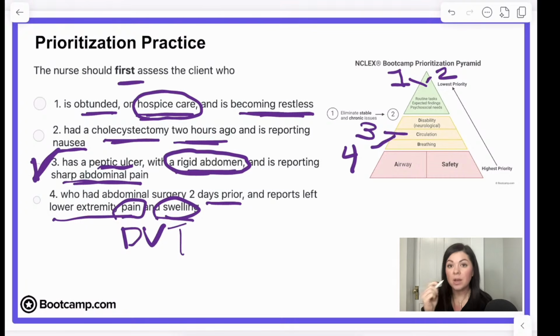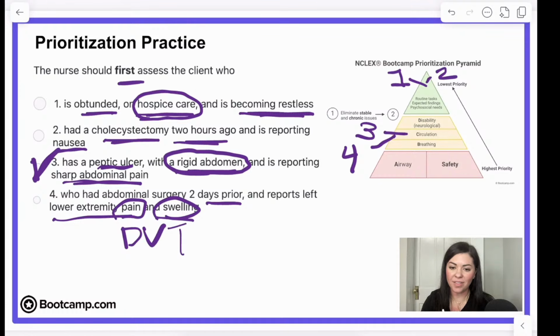But let me tell you about when option 4 could potentially be correct. Let's say we have the same situation where we have a client with lower extremity pain and swelling who then suddenly reports a feeling of impending doom with difficulty breathing, with chest pain.